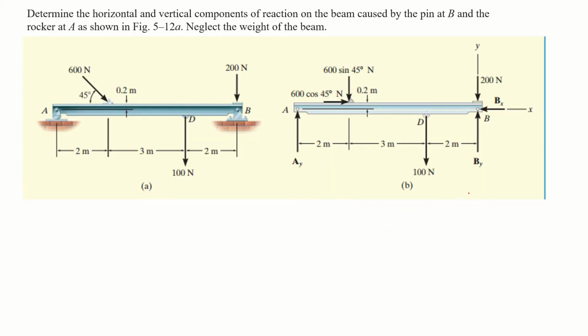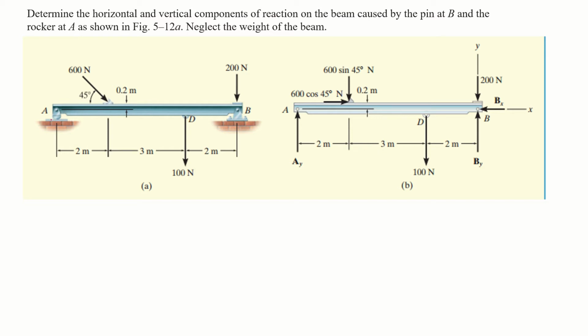In this example, he is asking you to determine the horizontal and vertical components of reactions on the beam caused by the pin at B. You can see here there is a pin connection at point B and the rocker at A. At point A the support is a rocker support.